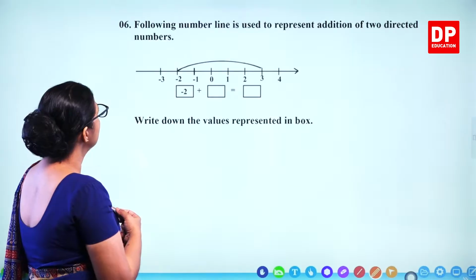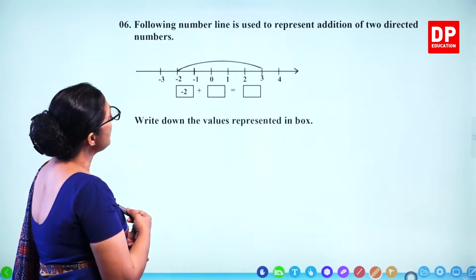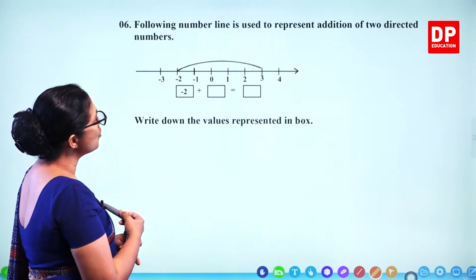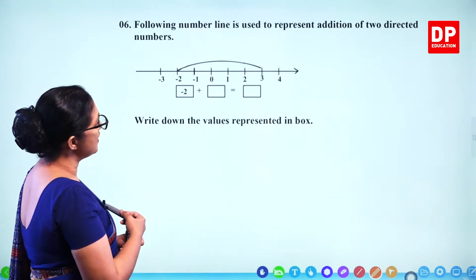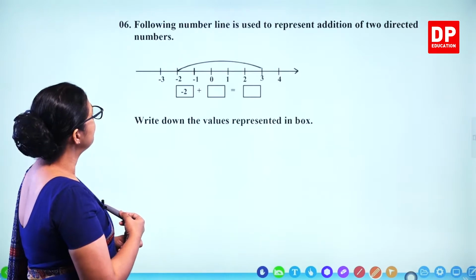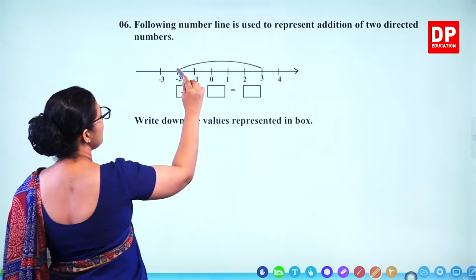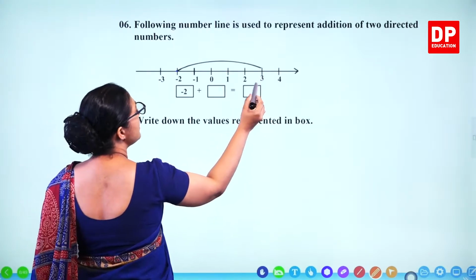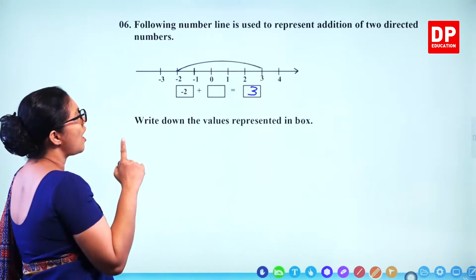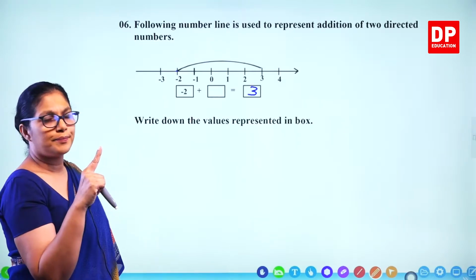Question number 6. The following number line is used to represent addition of two directed numbers. Write down the values represented in the box. So here -2 and then becomes 3. So the final answer is 3. How do you get 3?